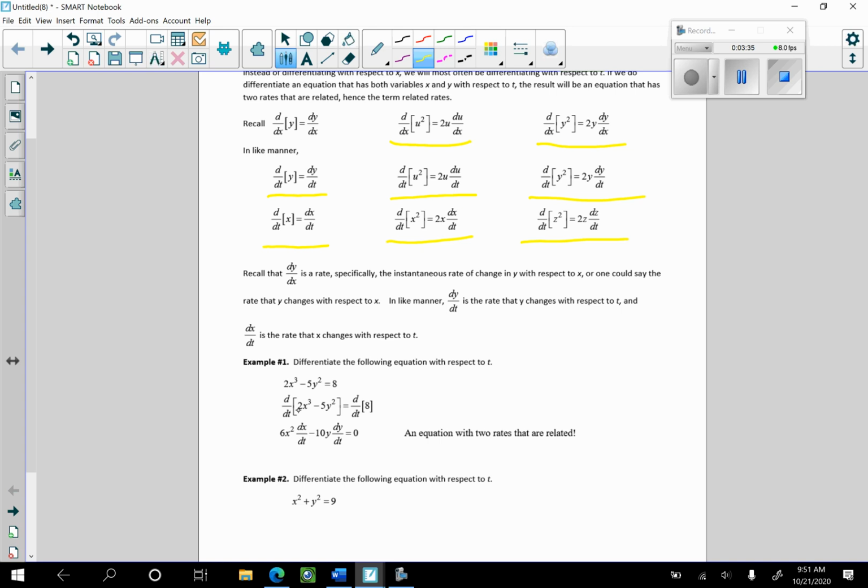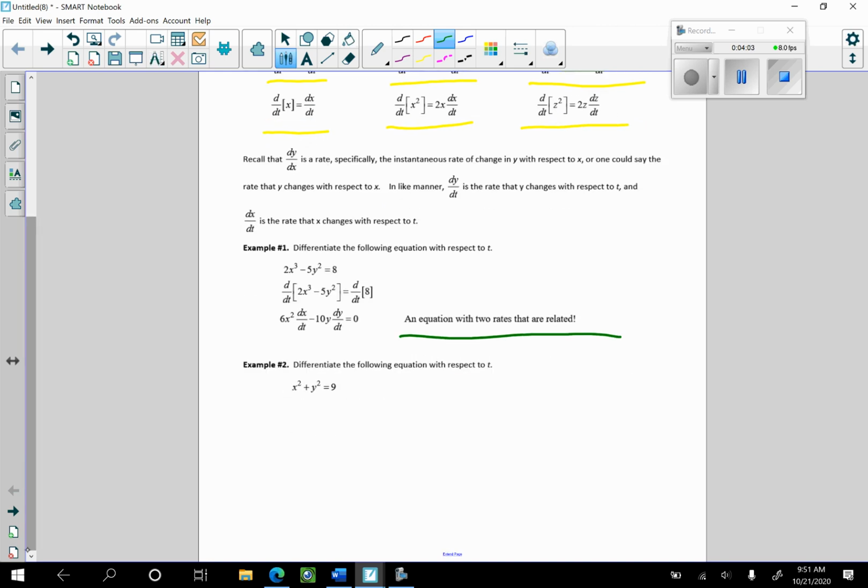What's the derivative of 2x cubed? It's 6x squared dx/dt minus 10y dy/dt. And what do we have? We have an equation with two rates that are related. This is called related rates because there are two rates that are related.